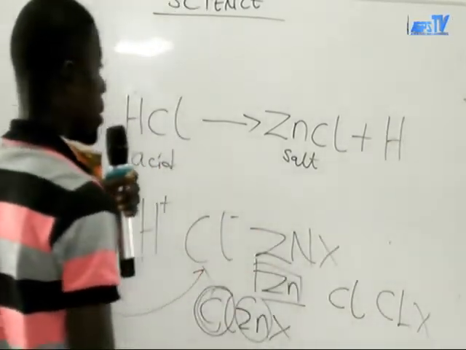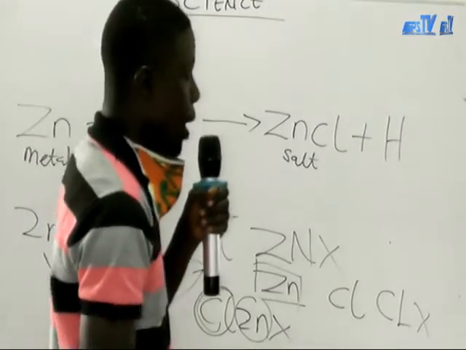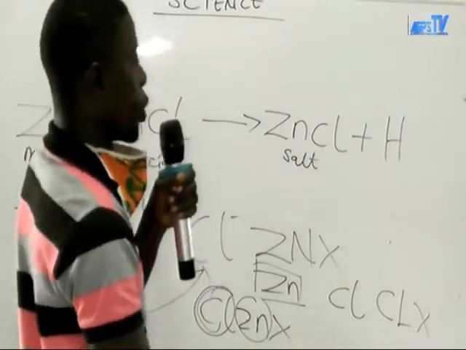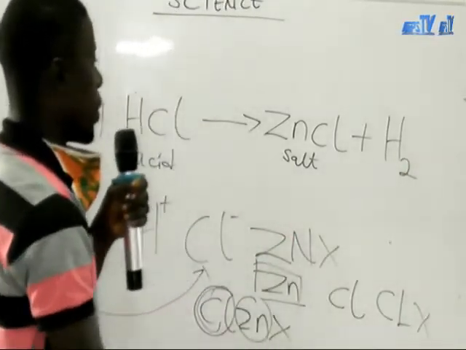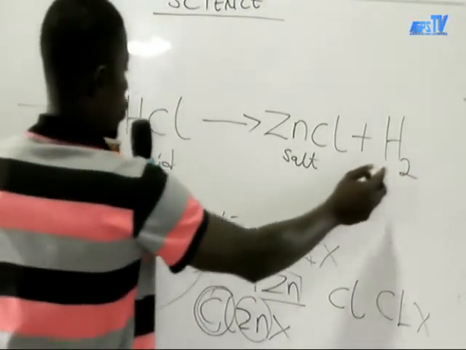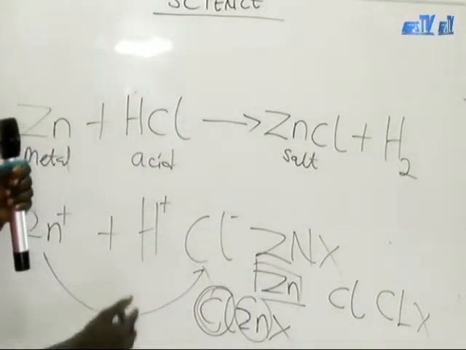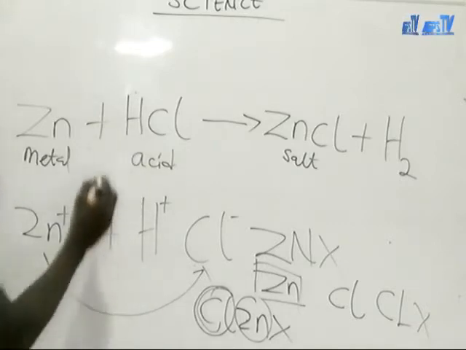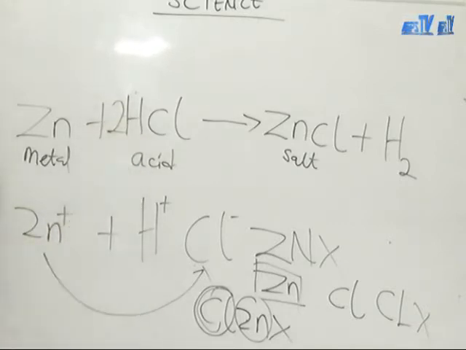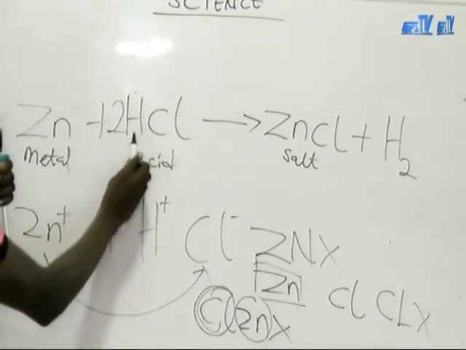And I told you that in a chemical reaction, hydrogen, oxygen, and iodine all appear as diatomic molecules. So you just add 2 to this. So here we have 2 atoms of hydrogen, but here we have only 1 atom of hydrogen. So for you to balance the hydrogen, you put 2 in front of this compound. Here, this 2 is multiplying hydrogen and chlorine.